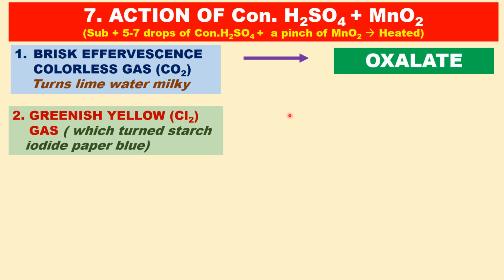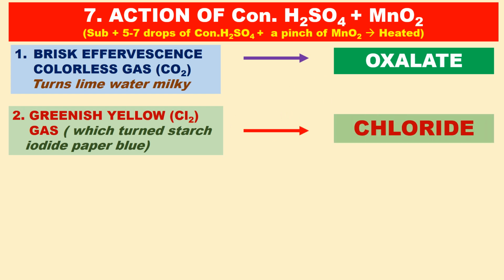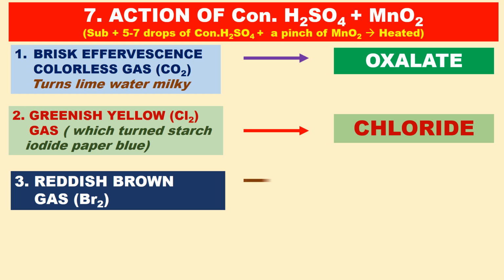Therefore, if you are given chloride, then chloride is oxidized to chlorine, a greenish yellow gas, like in the chromate test we have seen. Chromate is an oxidizing agent. Similarly, MnO2 is an oxidizing agent.